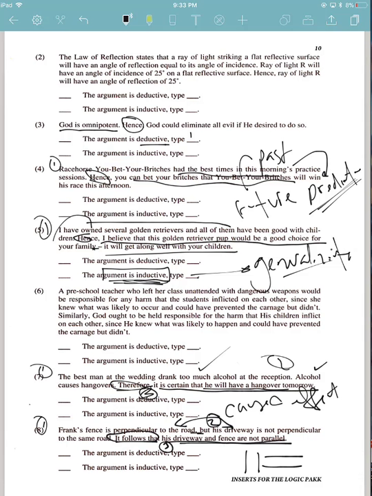Why is that? Because if I accepted that and I accepted that, it's impossible for that conclusion to be false. So this would be deductive. If one is parallel and the other is perpendicular, then they cannot be parallel, and that's just by definition.